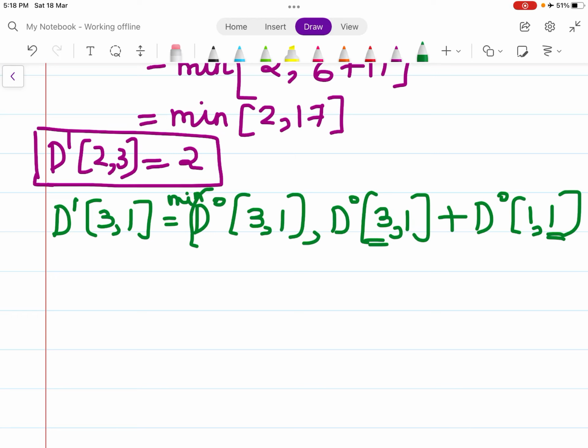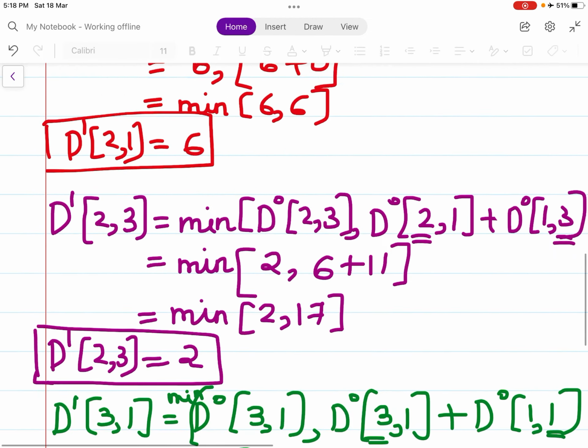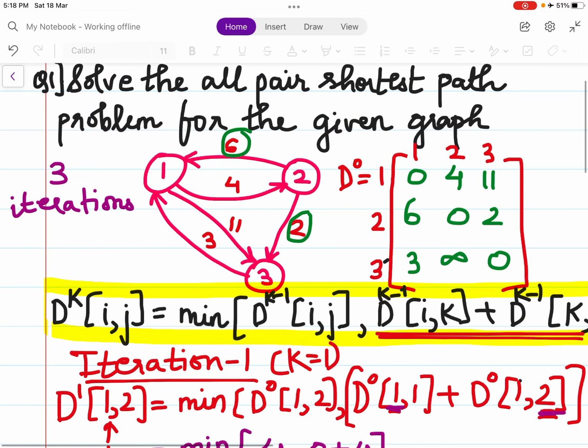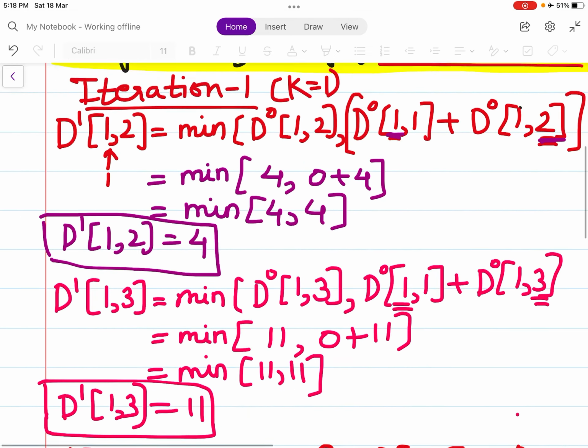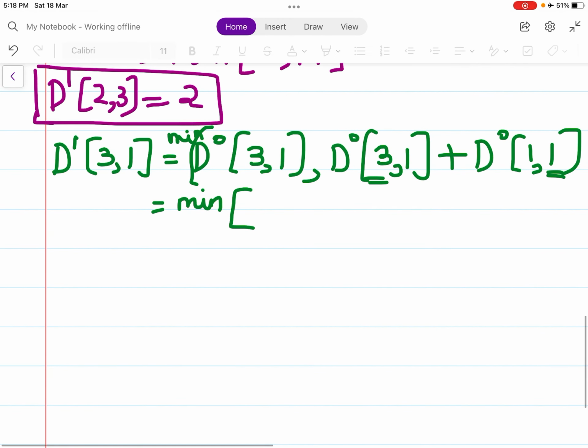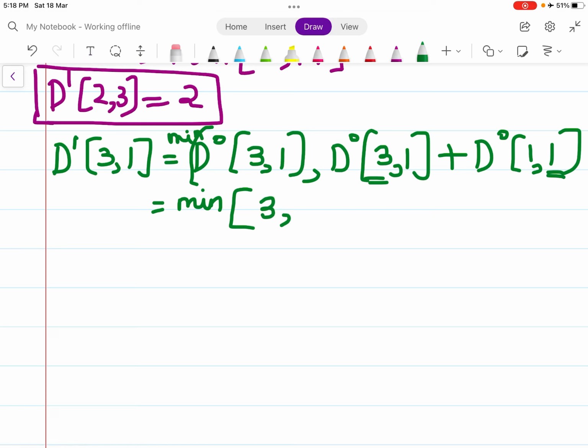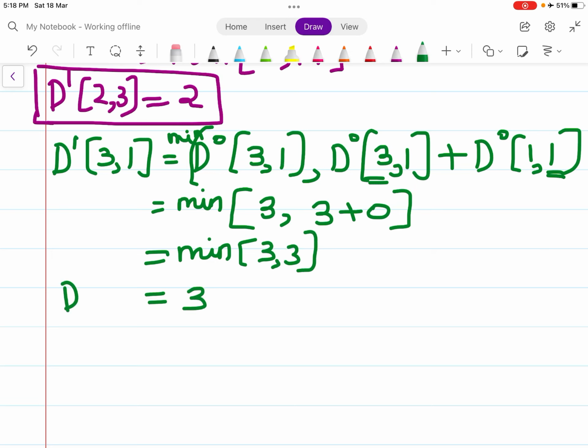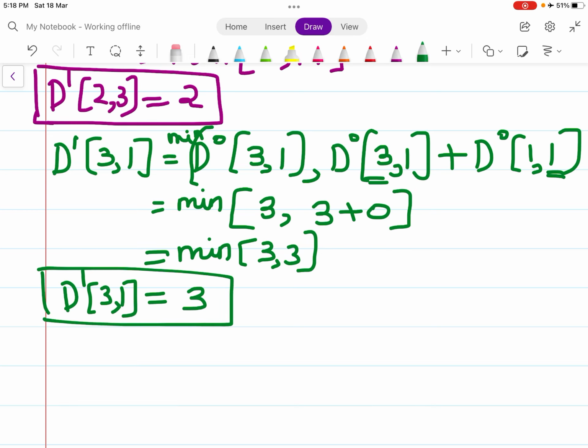So min of 3 and 3 plus 0, because 1,1 is a self loop. So min of 3,3. So 3 is the minimum. So d1 of 3,1 is 3.